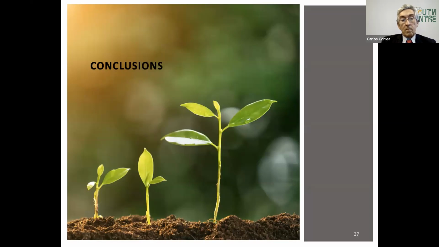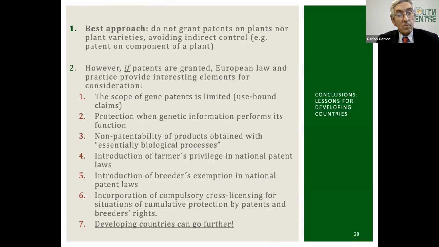Then to reach the conclusions, the best approach in this field is not to grant patents in relation to plants or plant varieties, for sure, and also to avoid the indirect control through the patenting of components of a plant, being these genes, cells, etc. So this is the best approach.